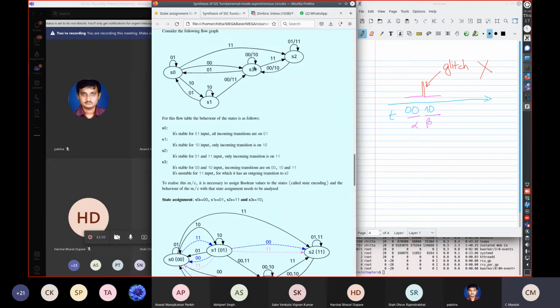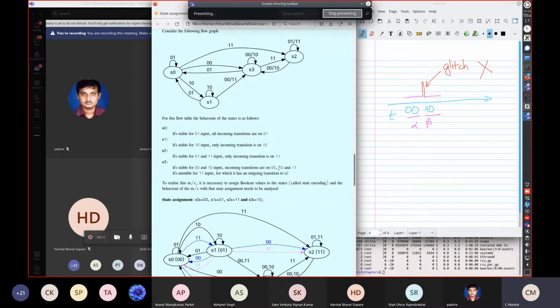And the only incoming transition, as you can see, oh, sorry, this is S3. So S2 is stable for 0, 1 and 1, 1. And the only incoming transition is for 1, 1. And S3 is stable for 0, 0 and 1, 0. And incoming transitions are on 0, 0, 1, 0, and 1, 1.